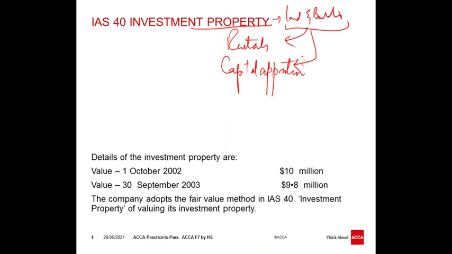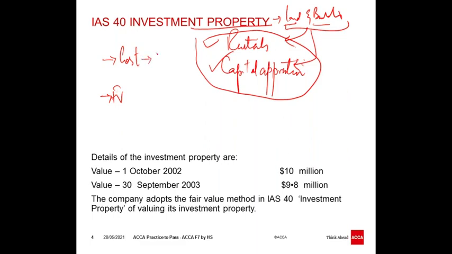So actually, if you have done the investment in property, property means land and building, and your objective is to earn rentals or to make capital appreciation, this is called investment property. Investment property can be measured at cost model or fair value model.